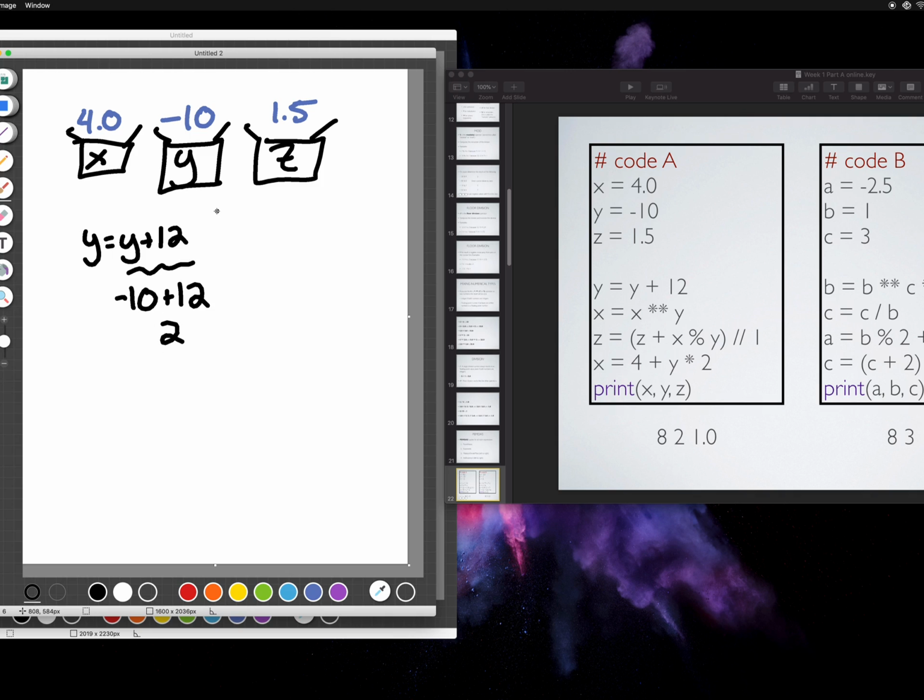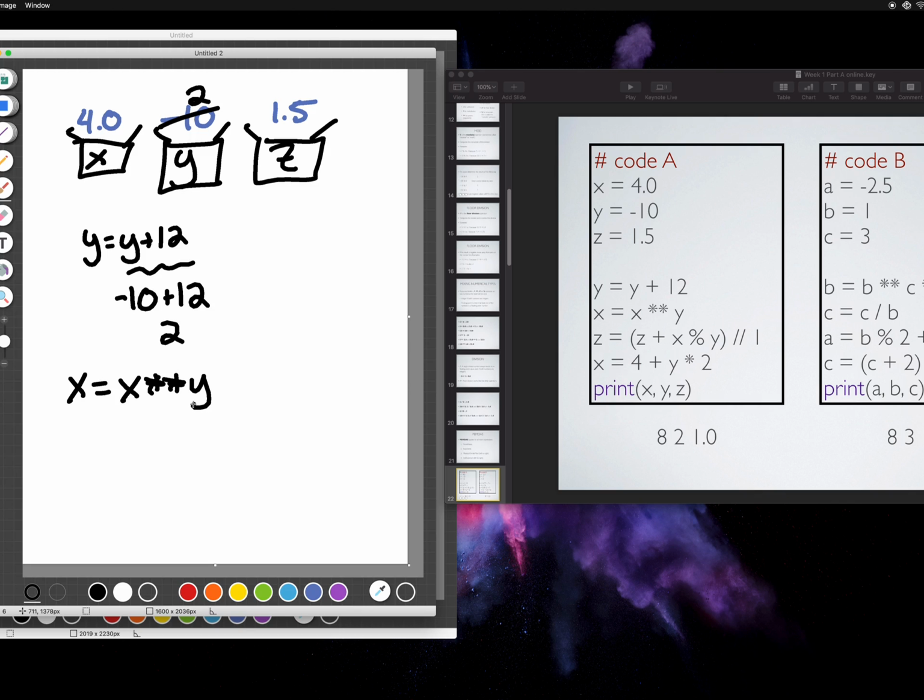All right, next line right here. x equals x asterisk asterisk y. Try saying that 5 times fast. These double asterisks mean power, or doing an exponent. Do the right-hand side first.